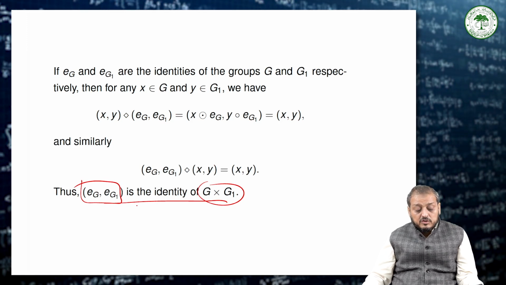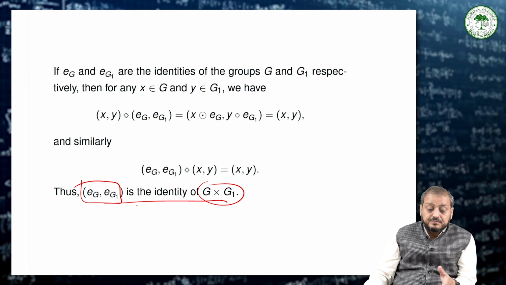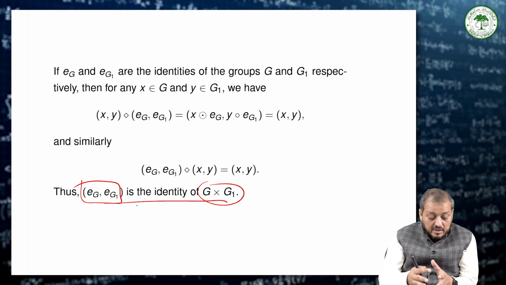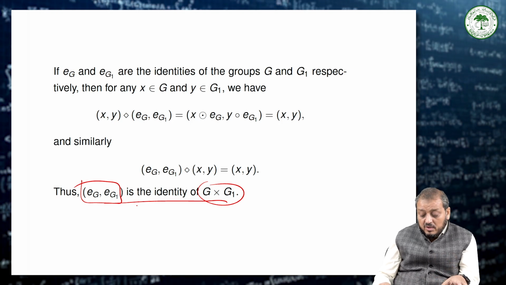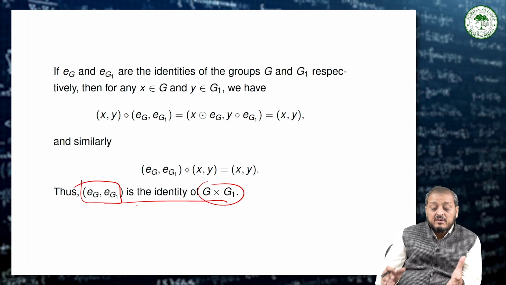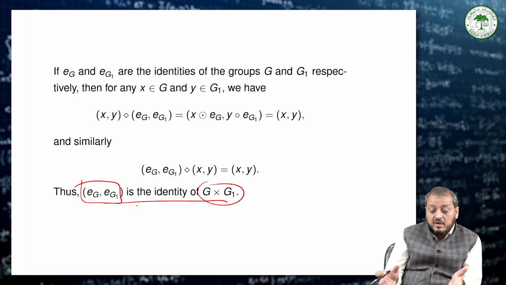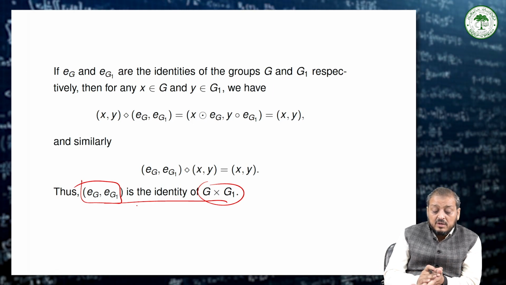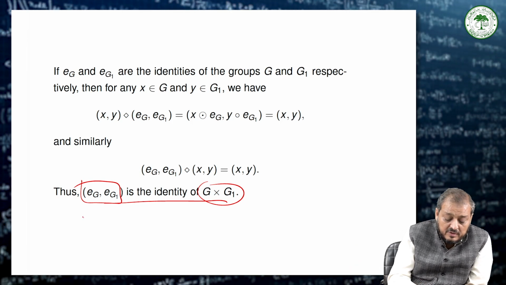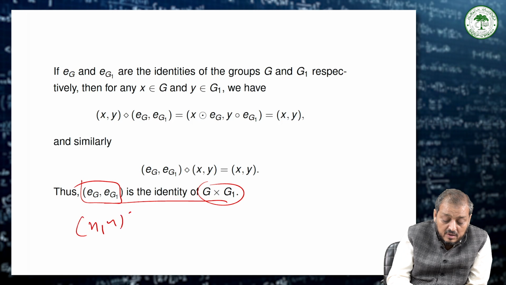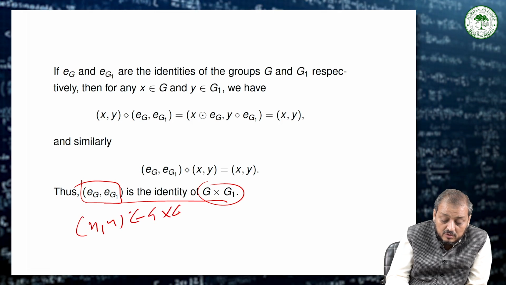Now next we show that the inverse also exists in this case. If inverses exist, then for some x and y that are elements of G cross G1, we can say x inverse, y inverse is also there. We can say that (x, y) is an element of G cross G1.